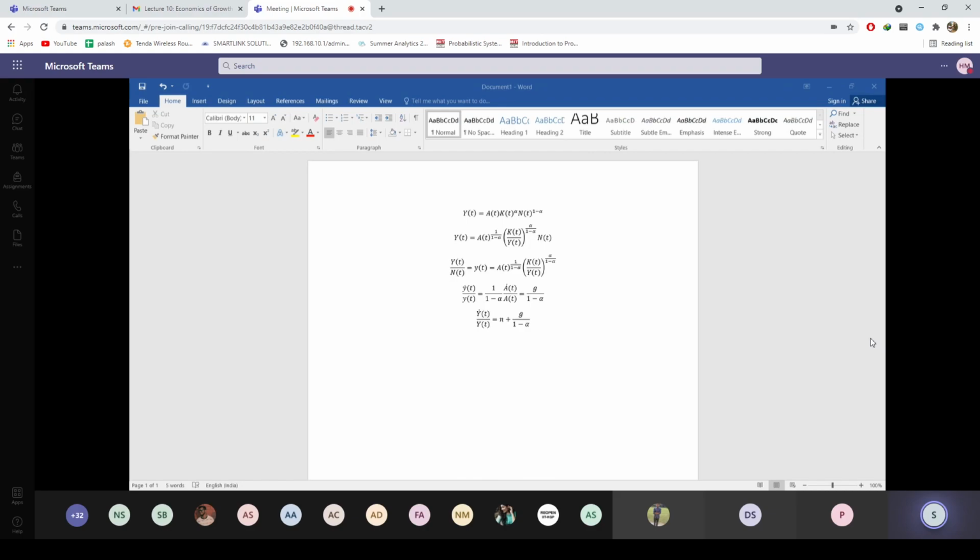Anybody can try. The factor with which I will divide both sides now of the production function, so that at the steady state I can set its growth to 0.